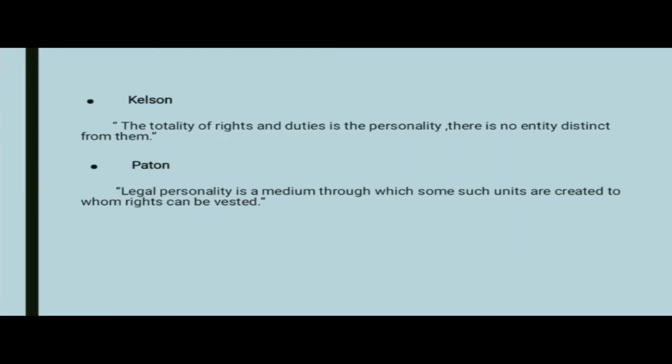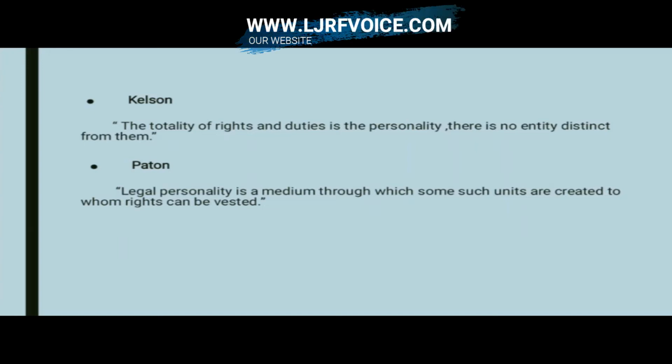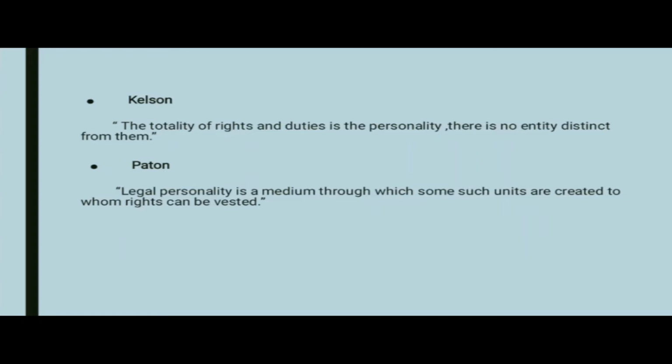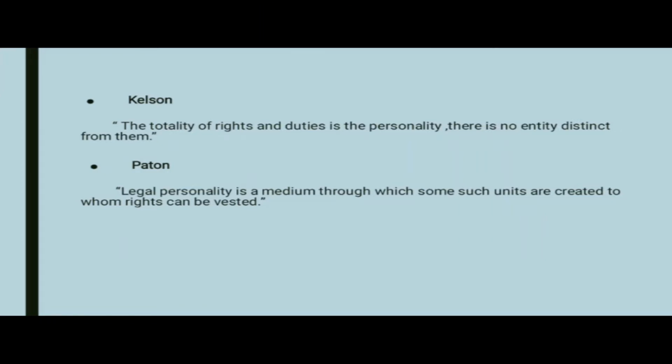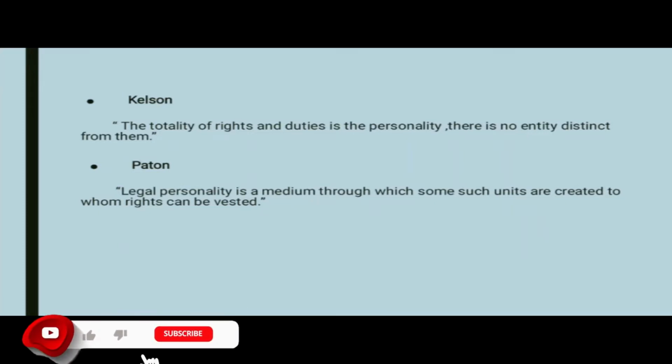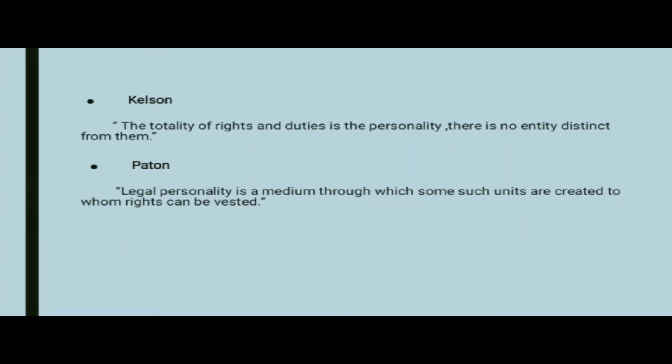According to Kelsen, the totality of rights and duties is the personality, and there is no entity distinct from them. It must be noted that this definition of Kelsen was asked in a previous year question paper. According to Kelsen, there is no distinction between the rights and duties of the legal person and the person.